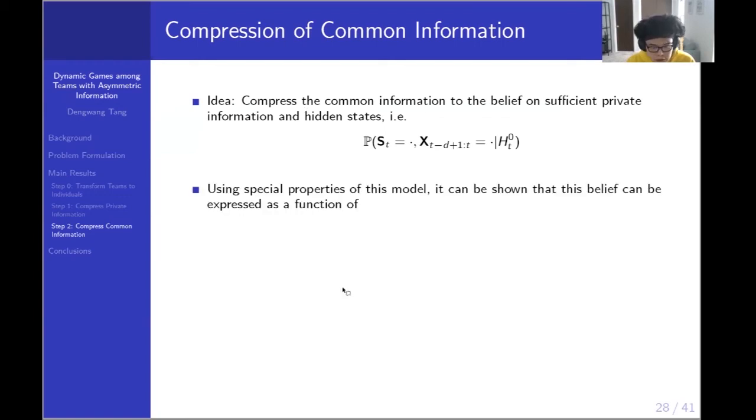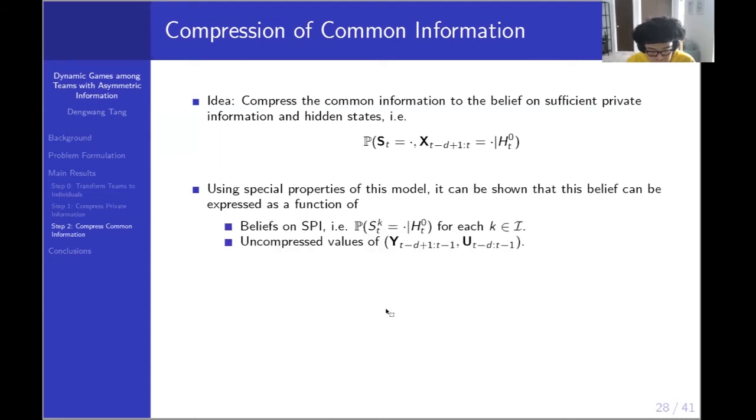This is a crude idea, but using a special property of our model, it can be shown that this belief can be expressed as a function of the following quantities. The first group of quantities is the beliefs on each individual sufficient private information, which is the probability distribution on each individual SPI of each individual coordinator rather than the joint distribution.